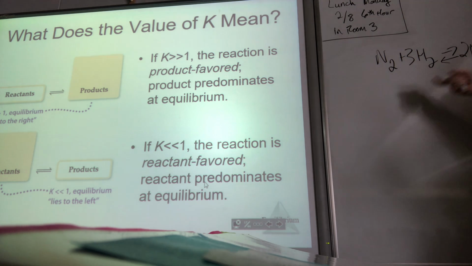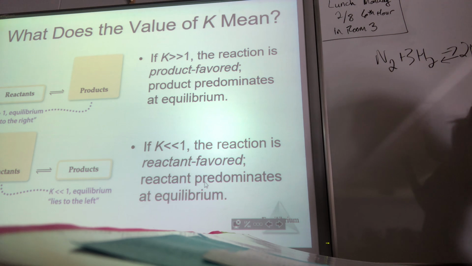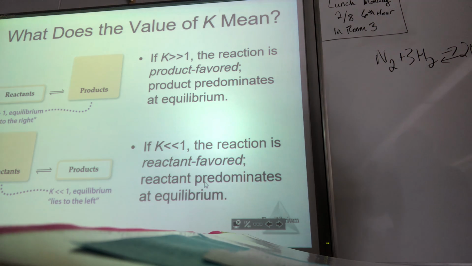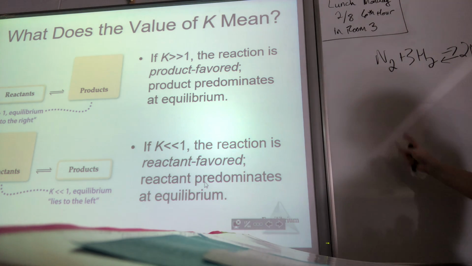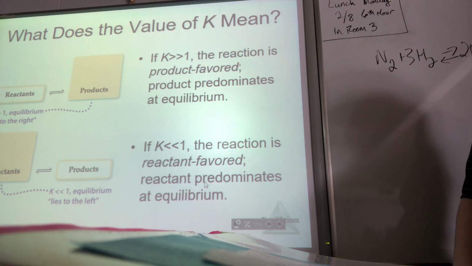It means that this reaction prefers this to be the thing that's in dominant form, present in the largest amounts, if you will. Okay? If your K is a small number, negative exponents, if you will, then your reaction is going to be reactant favored. It means the reverse direction is the thing that's the most common.